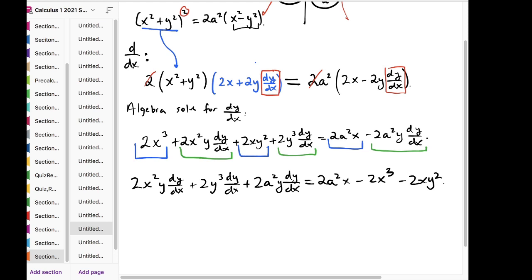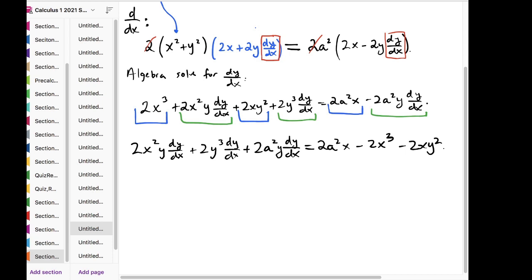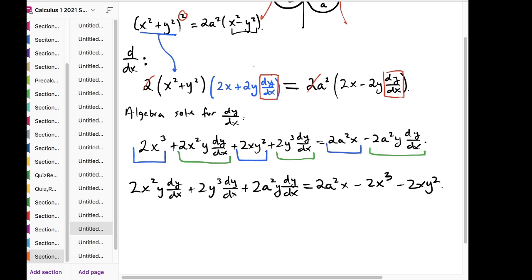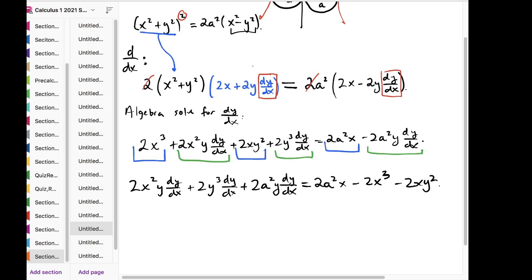Okay. Can I make this a fraction bit cleaner? Has everyone followed what we're doing? It's a lot.